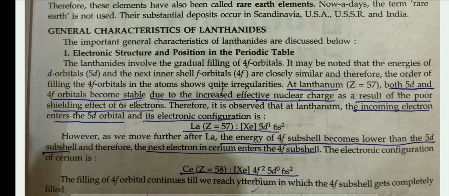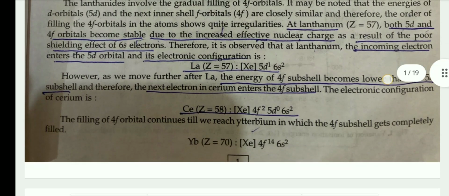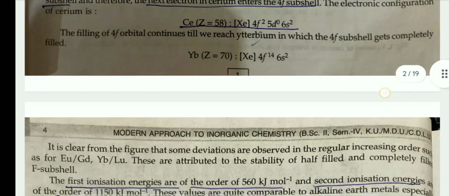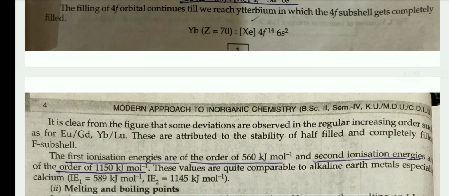However, as we move further after lanthanum, the energy of the 4f subshell becomes lower than the 5d subshell, and therefore the next electron in cerium enters the 4f subshell. The filling of 4f orbital continues till we reach lutetium, in which the 4f subshell gets completely filled.